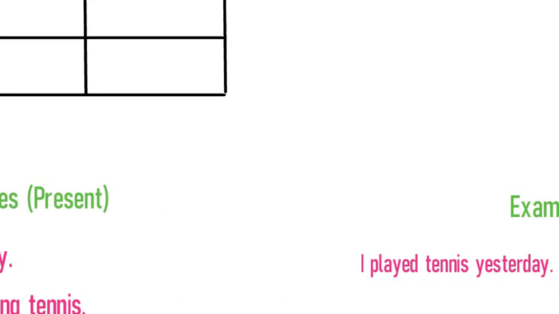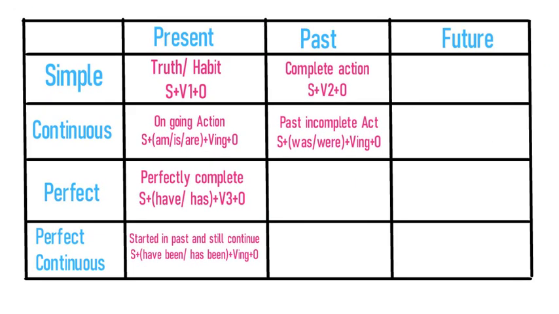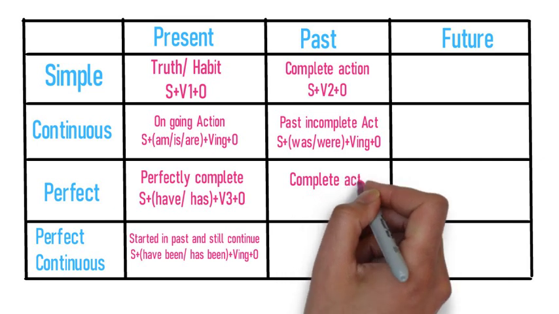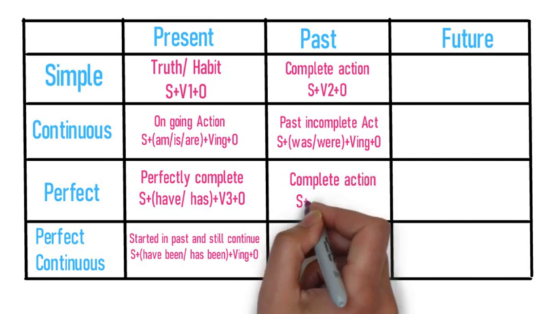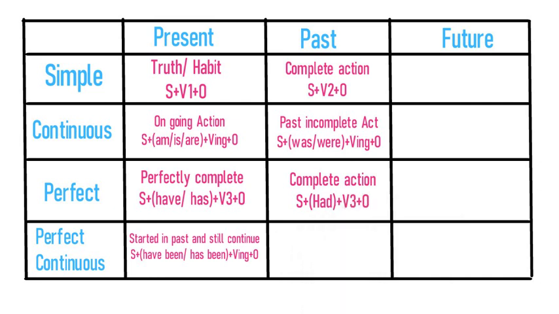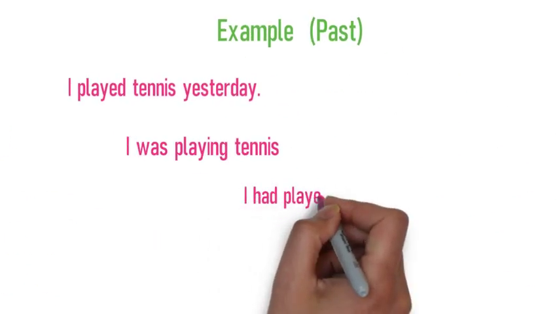For example, I was playing tennis. Moving on to the past perfect tense. That is a complete action. The structure is subject plus had plus third form of verb plus object. For example, I had played tennis.